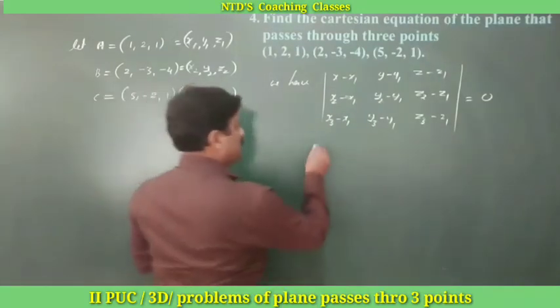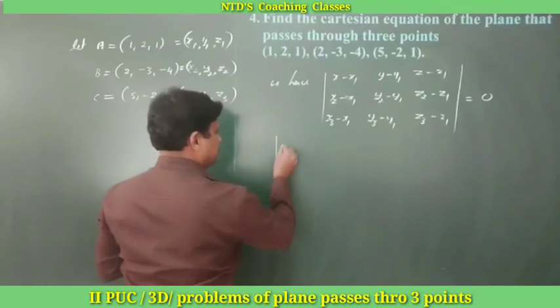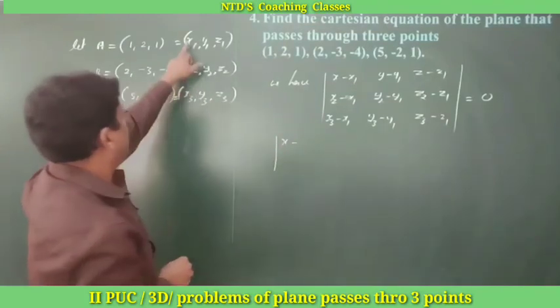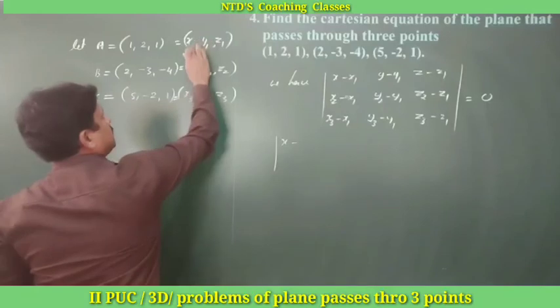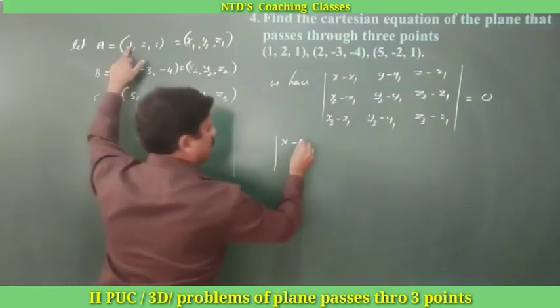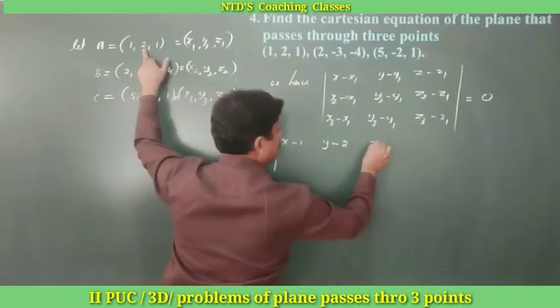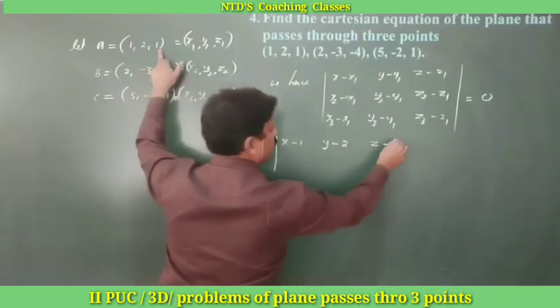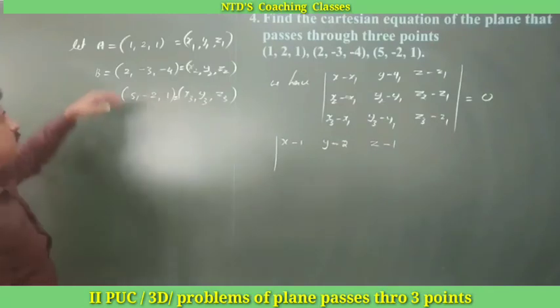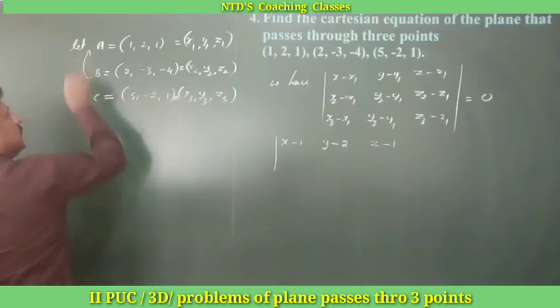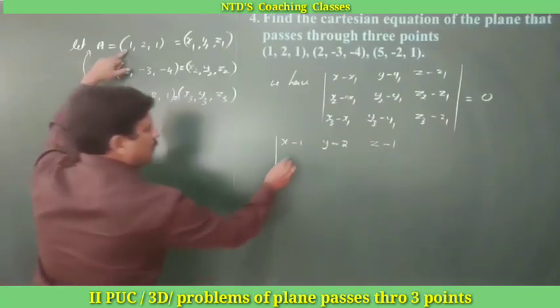Substitute x minus x1, where x1 means the first point, 1. y minus y1 means y minus 2. z minus z1 means z minus 1. Second row, x2 minus x1, second point minus first point, B minus A: 2 minus 1, 1.